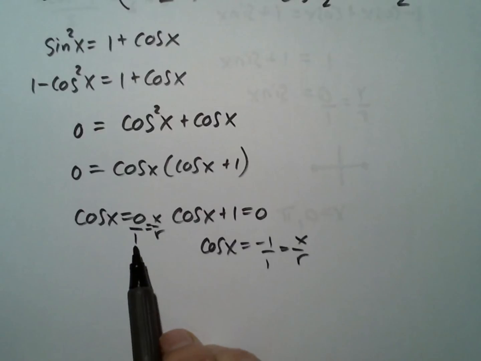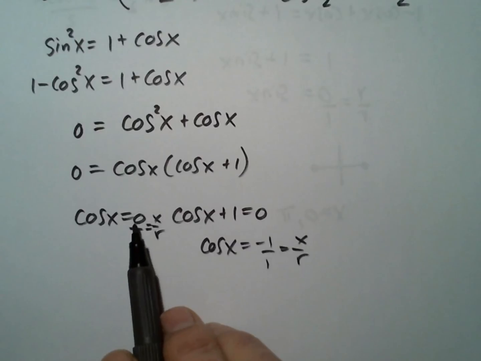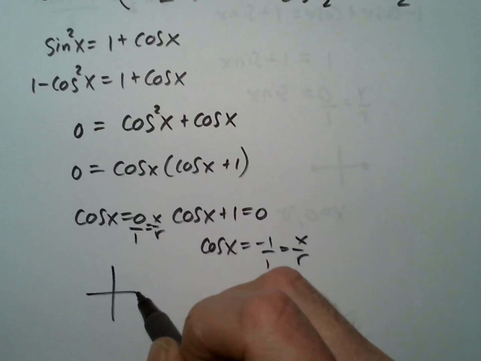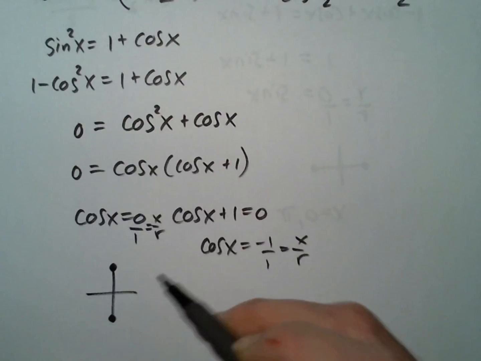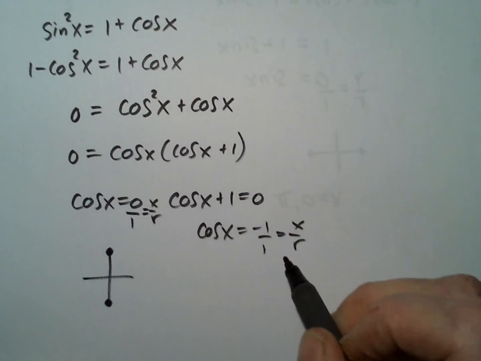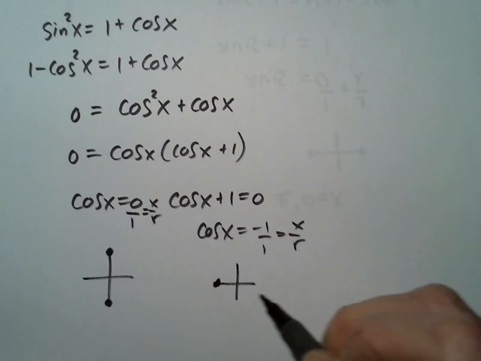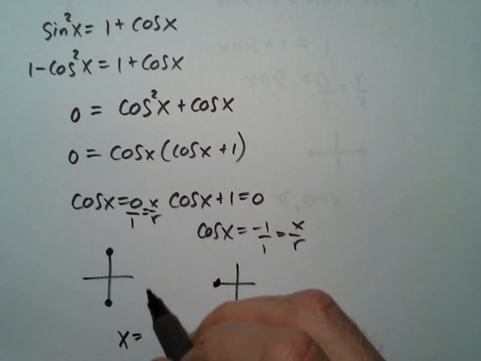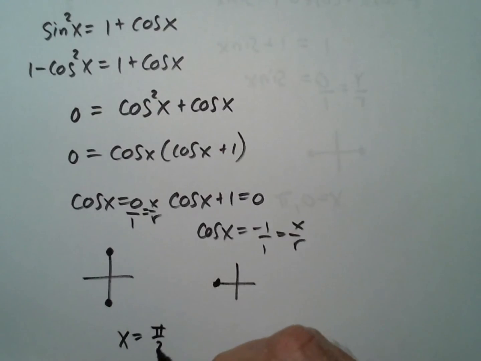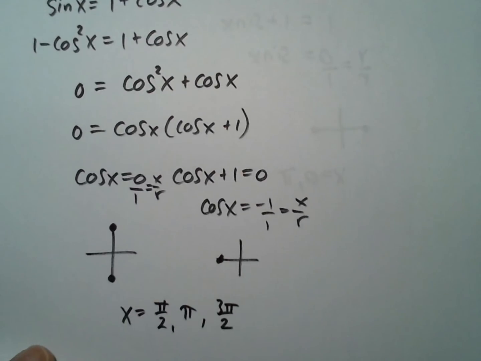Cosine equals 0 over 1, and that means we need an angle with an x value of 0. The x value of 0 is there, there. And then here we want an x value of negative 1. Well, that's there. So we get pi over 2, pi, and 3 pi over 2 as the solutions. And that's it for today.